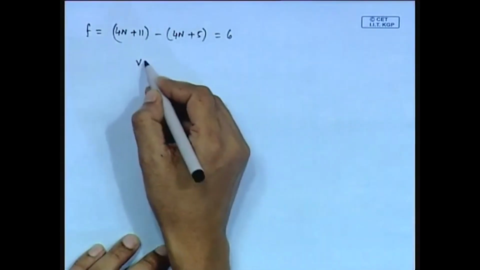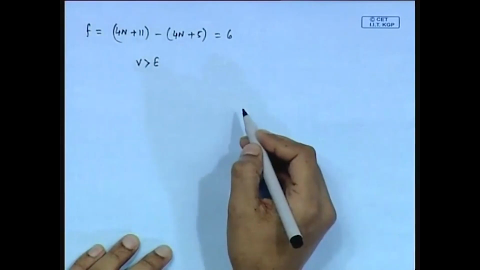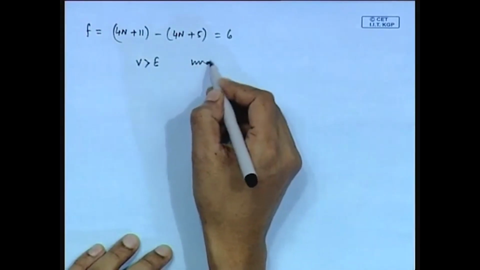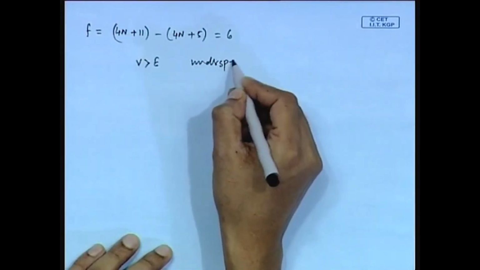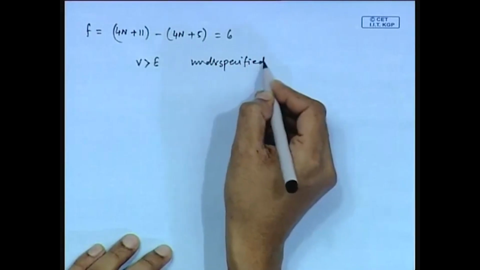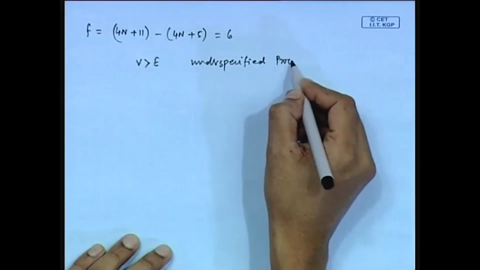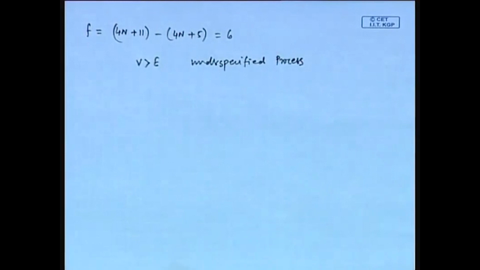Since V is greater than E, so this is an under-specified process. We need to make it exactly specified. So, what we need to do? We have to get f equal to 0.